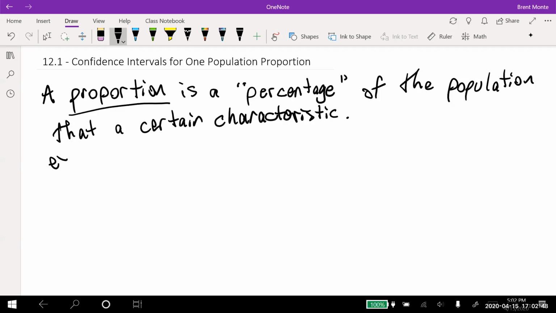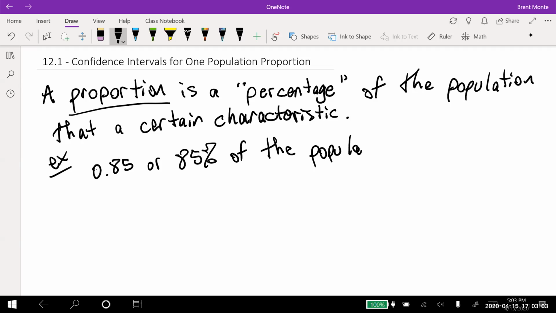So for example, we may say something, and I'm just making these numbers up, 0.85 or 85% of the population of whatever group we're talking about here has brown eyes.